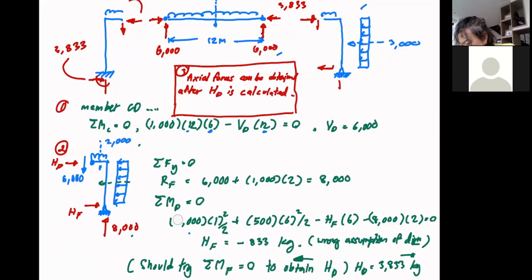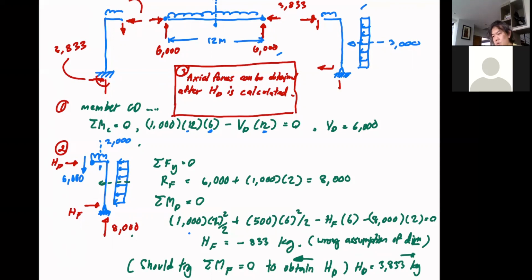Thank you. Human error. The total load is 2,000. You should write 2,000 multiplied by 1, or 1,000 multiplied by... Oh, it's kind of crazy writing from me, right? Sigma MD equal to 0. That's 1,000, so it should be 2 squared over 2 as well, if I want to write it this way, right? Yeah, right. So I confused myself. Thank you very much. Okay.